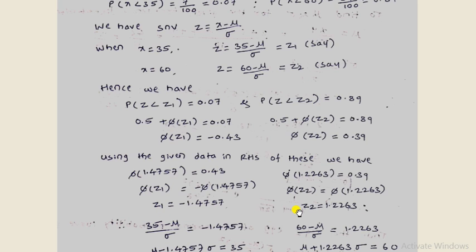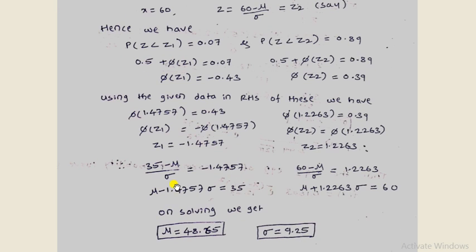Then use the Z1 and Z2 values in the above function. 35 minus mu divided by sigma equals Z1, minus 1.4757, and similarly for the second term. Multiply on both sides by sigma. So 35 minus mu equals minus 1.4757 into sigma, or interchange the terms.